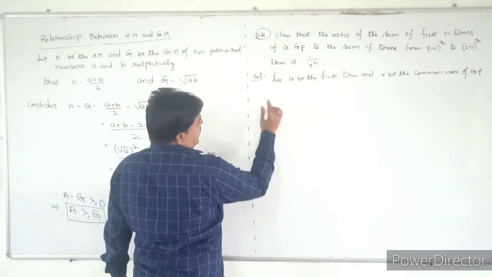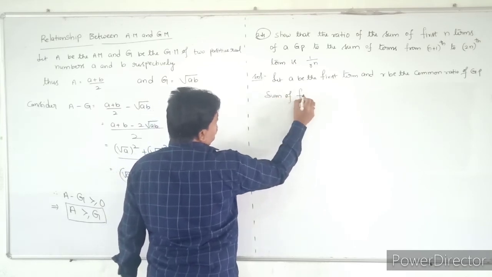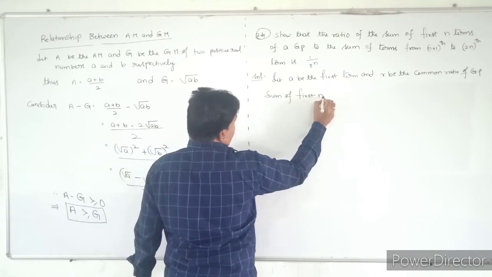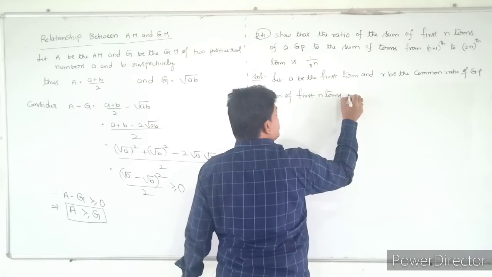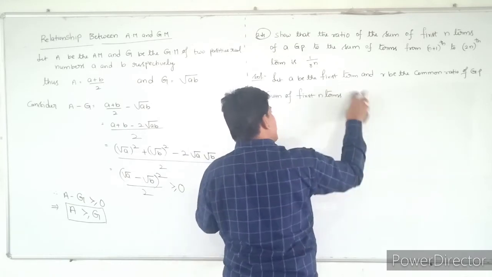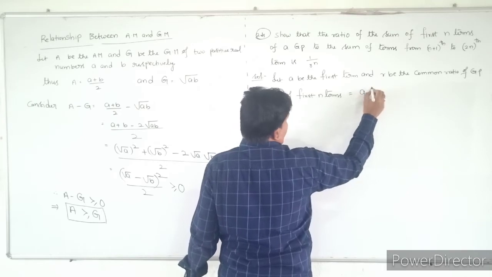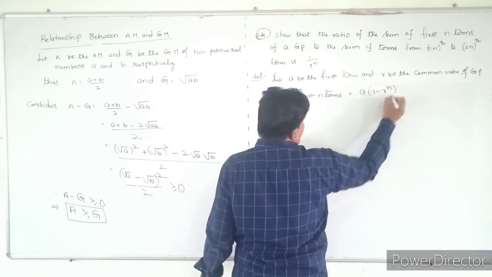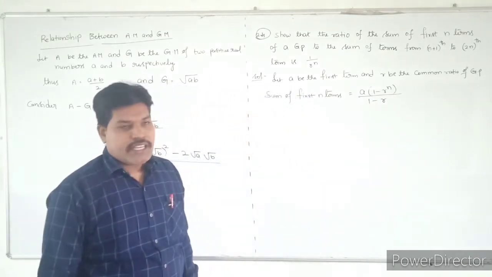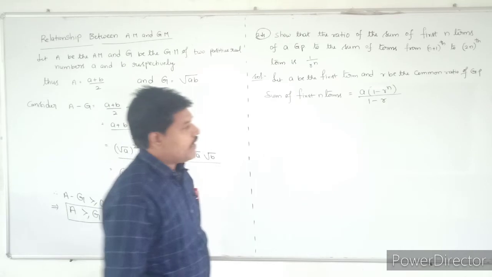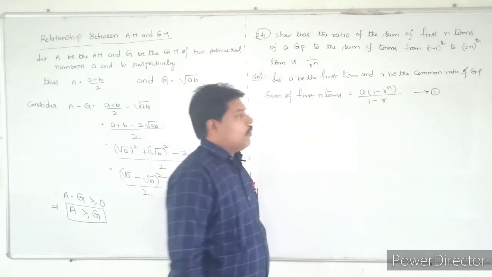The sum of the first n terms, we already know the formula. What is that? A into 1 minus r power n by 1 minus r. I will take that as equation number 1.